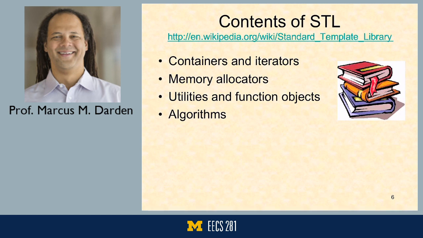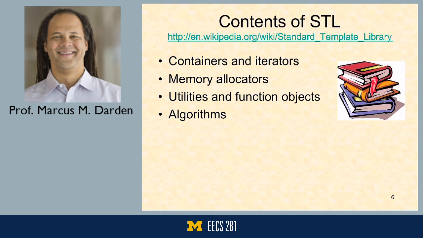The contents, of course, we'll talk about, but Wikipedia is another good resource for getting some information on the background of the STL. There's containers and iterators in there, which of course we've already used and will continue to use more. Memory allocators, which we somewhat sidestep. We don't worry about how memory allocation works in the STL as we use it in 281. We use the default memory allocators.